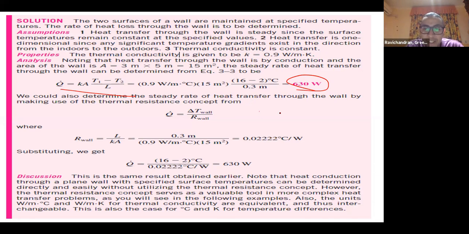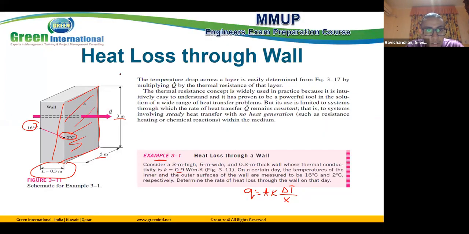So the building itself is a resistance. This volt is 16, this volt is 2. A volt is represented as a temperature, and we have resistance, and we have flow, which refers to Q dot.